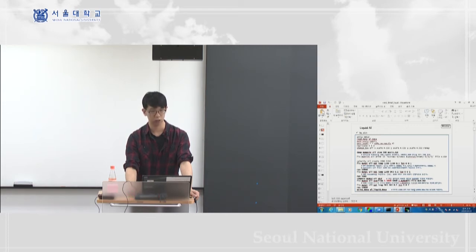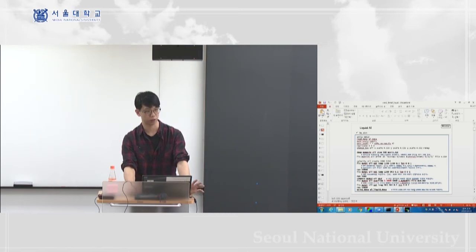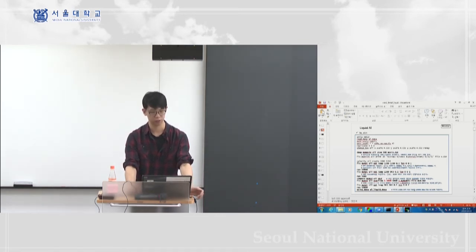And 10 here means that we're gonna dump these variables every 10 steps. So this is for the movie command, and this myprint command is to obtain the data from the simulation.